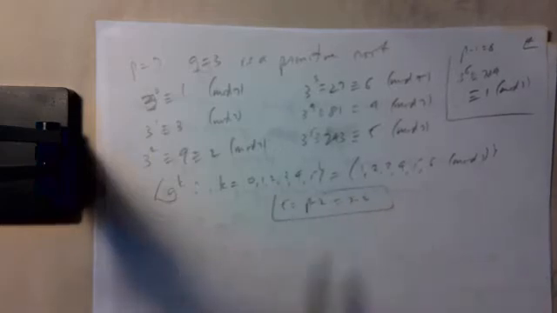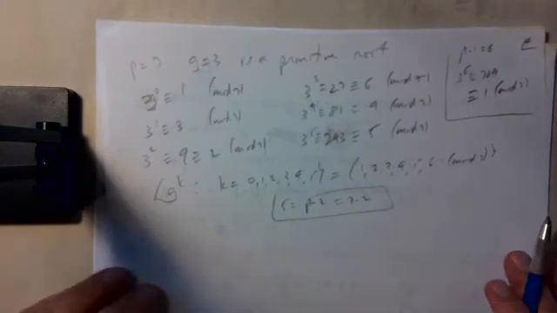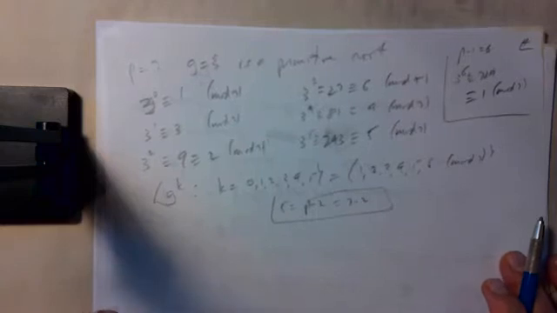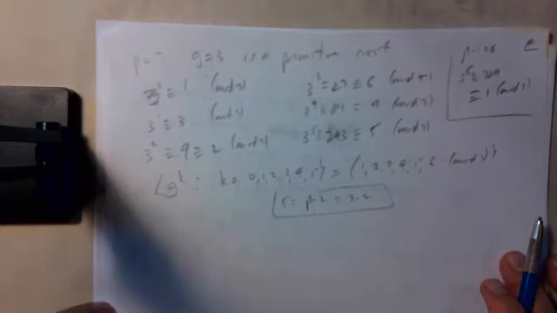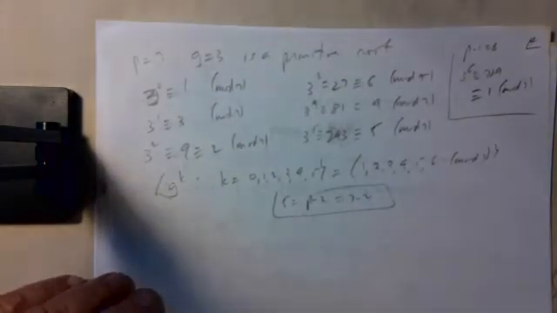You only go up to p minus 2. So that's just a reminder of the definition of a primitive root modulo a prime and the index of an integer with respect to a primitive root modulo a prime. And now we have to go and prove our theorem.